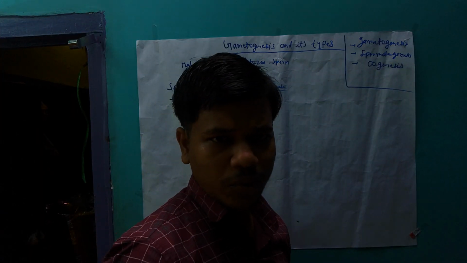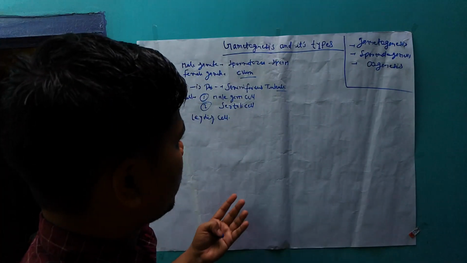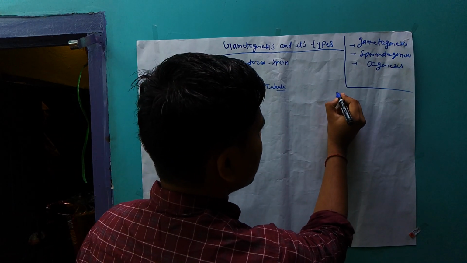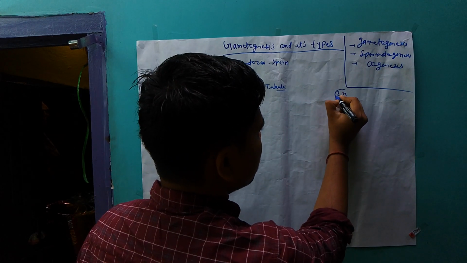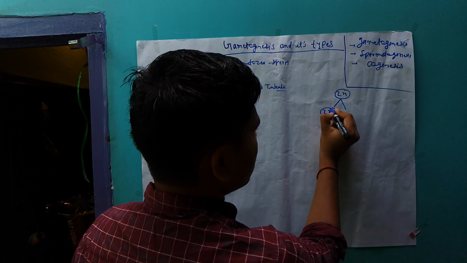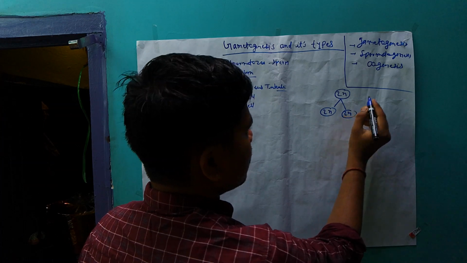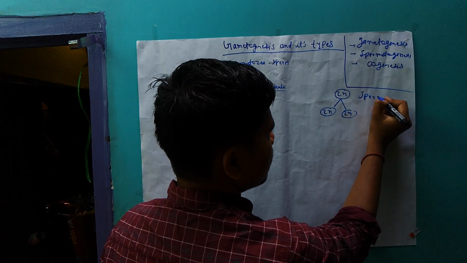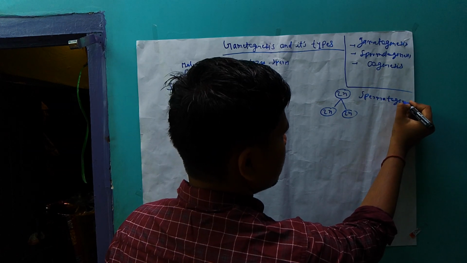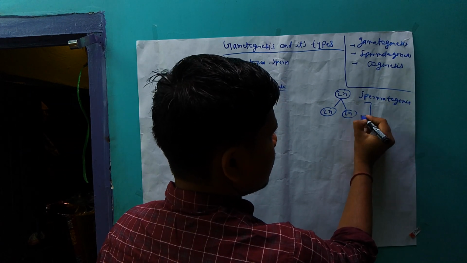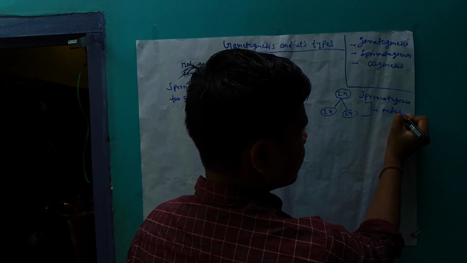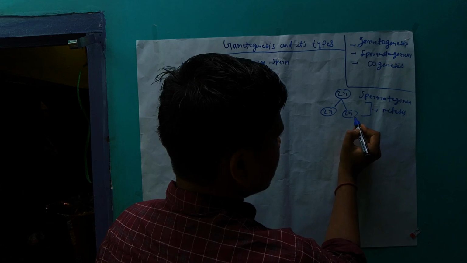Now we will draw the diagram of spermatogenesis. This is your spermatogonia, and mitosis occurs.